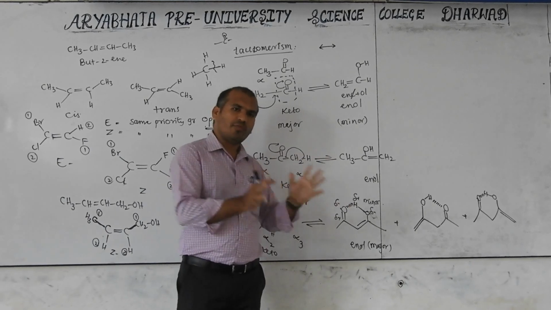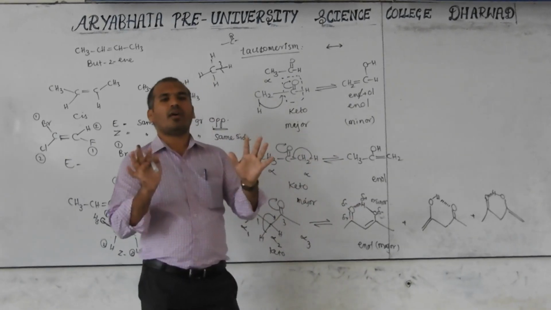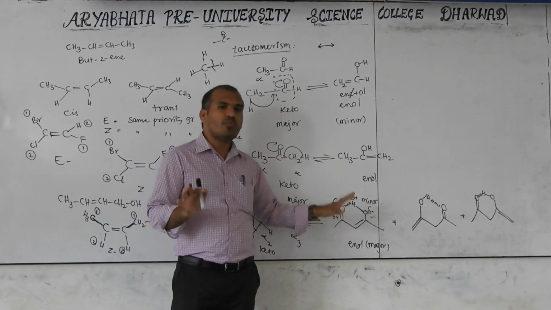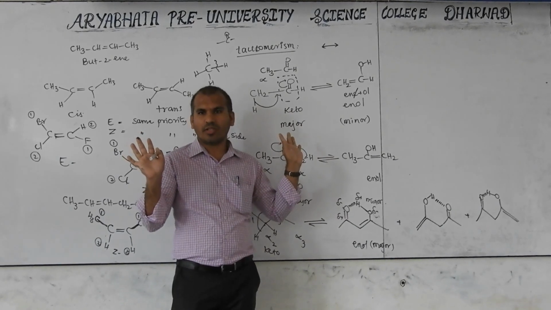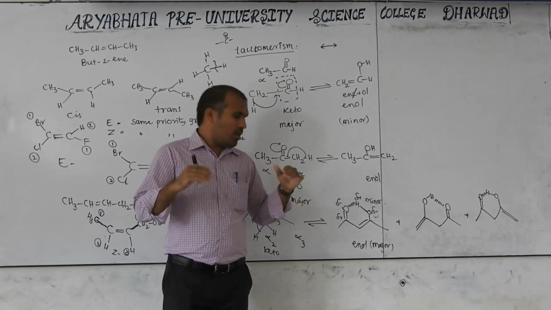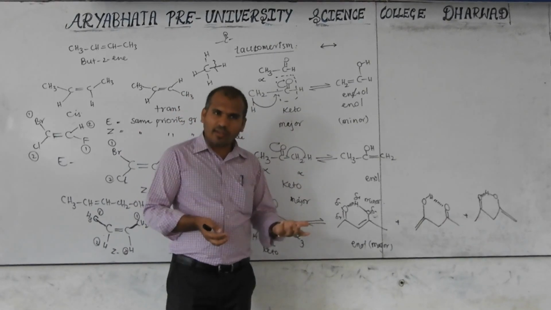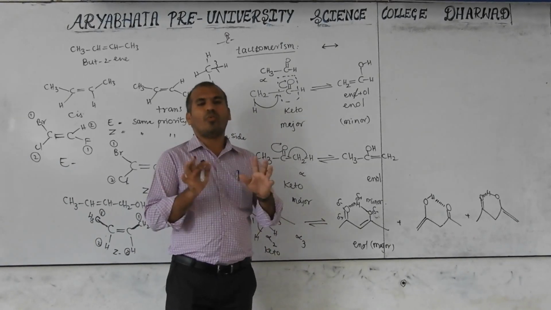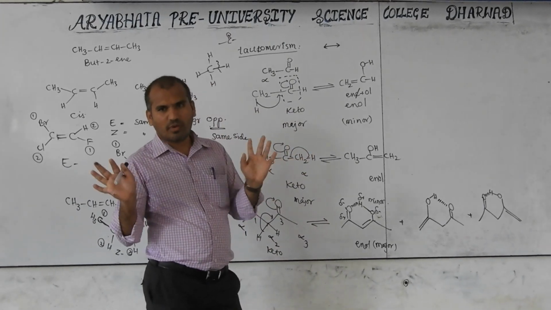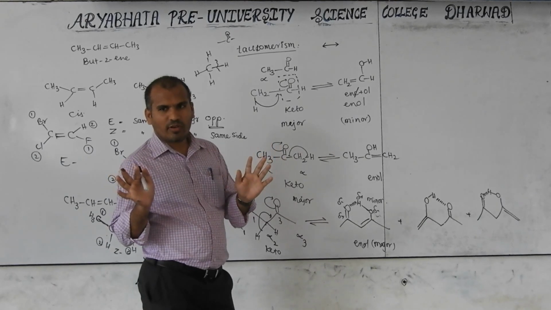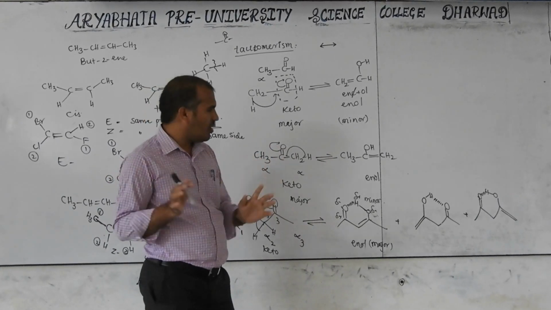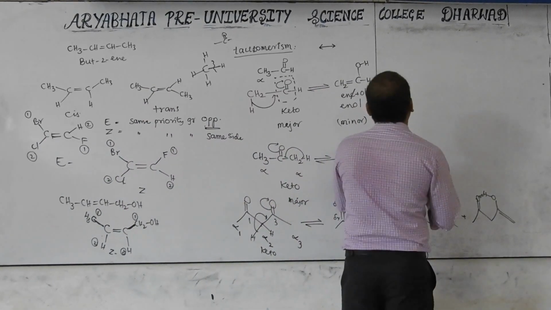Among hydrogen-bonded enol forms, the conjugated enol form is major. Next, if there is a possibility with alpha hydrogen hyperconjugation, more alpha hydrogens means more stable. That is the major. For your understanding, I will give you one more example.